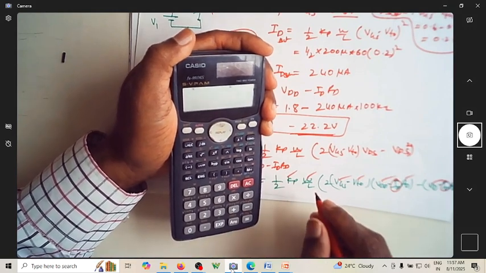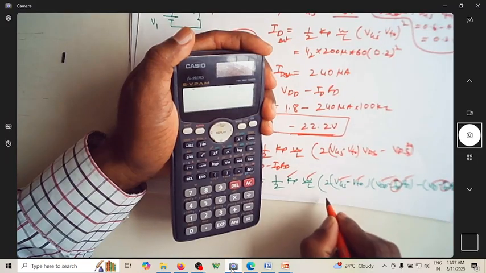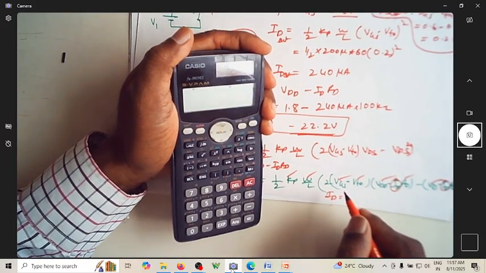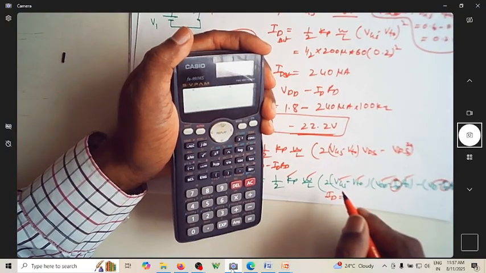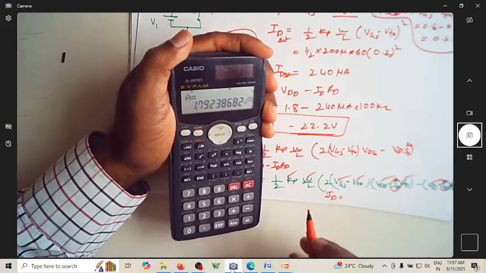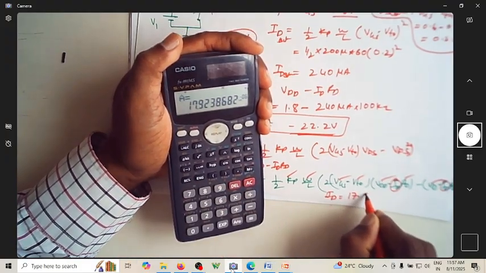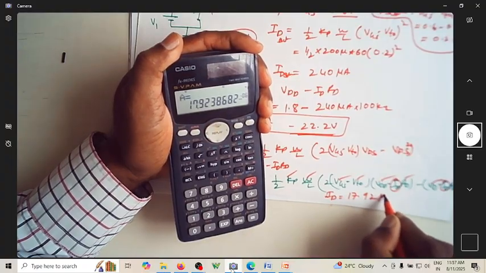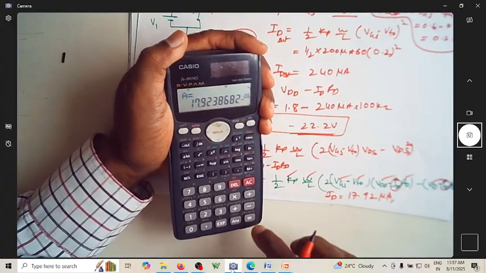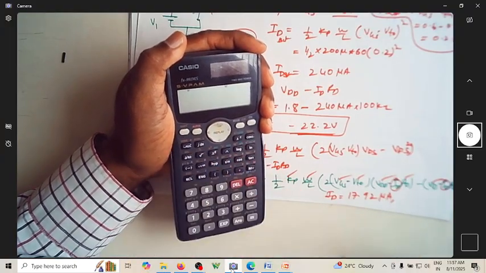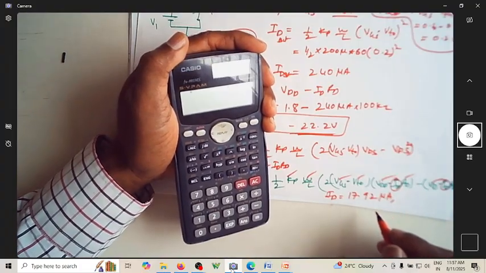So I'm getting the value of ID as, let me find out, the value of ID is coming out to be 17.92 microampere is one of the values. Let me find the other value.